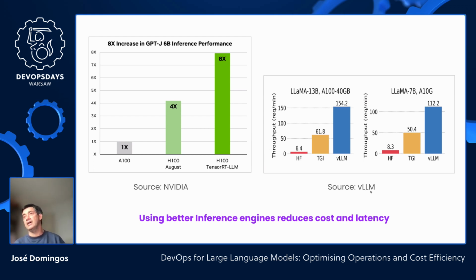If you look at, say, vLLM compared with Hugging Face and then the accelerated Hugging Face inferencing, you can see almost 2.5 times improved performance on an A100, and double the performance on an A10. So inference engines can help you reduce cost and latency because they'll just work better and faster.